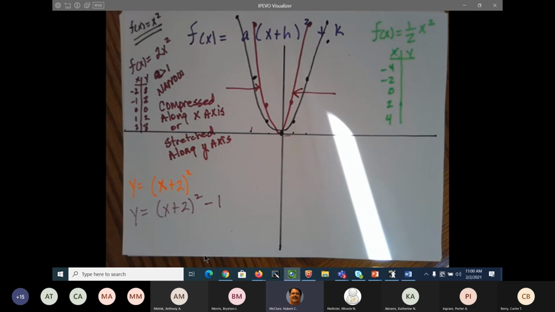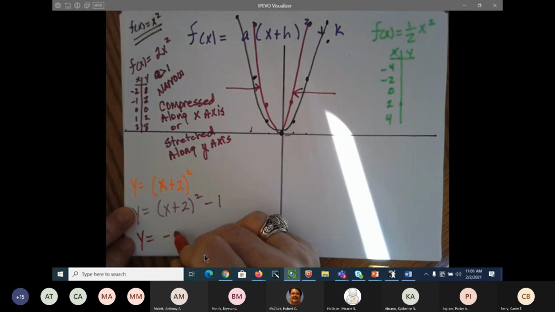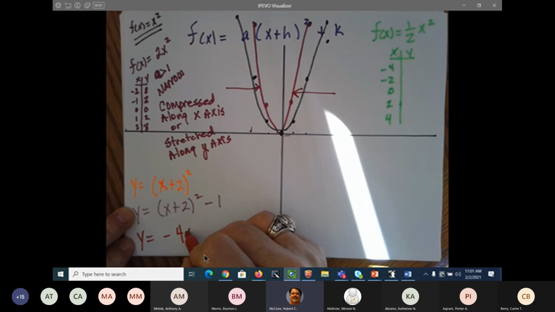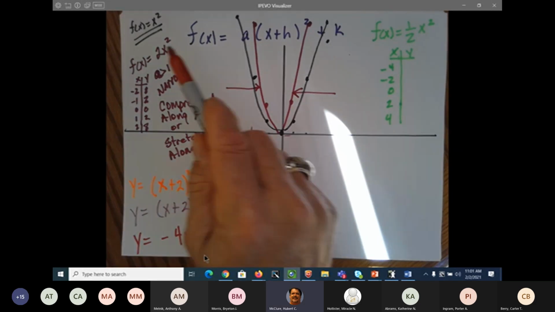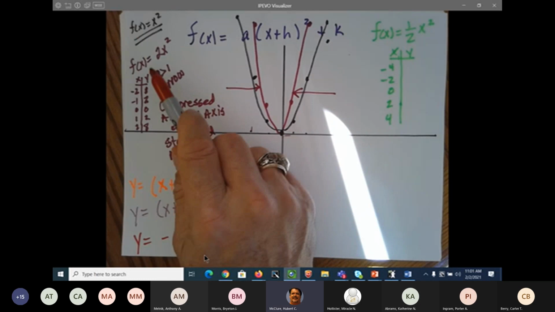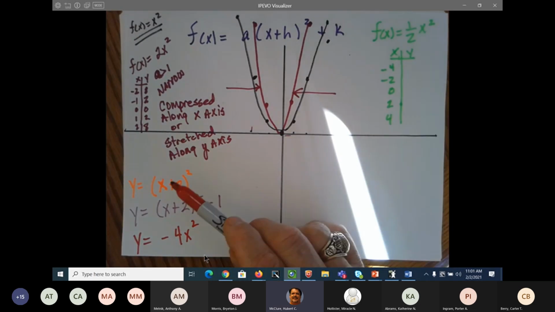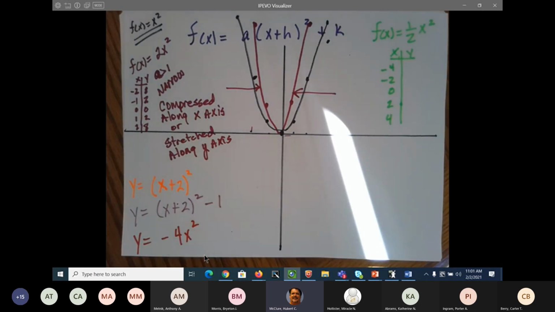And then in a dark red color, I want you to do y is equal to -4x squared. So that's 1 with the black, 1, 2, 3, 4, 5, 6 graphs I want you to have on that graph paper before Thursday.